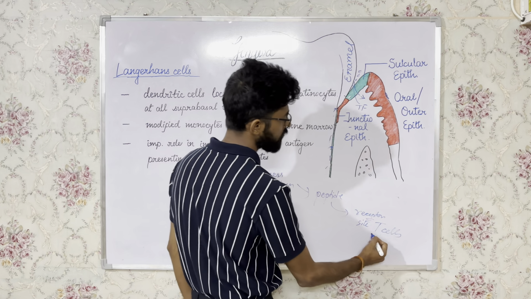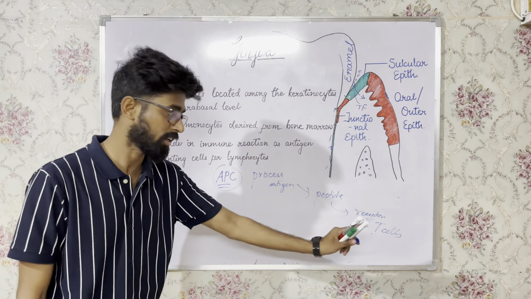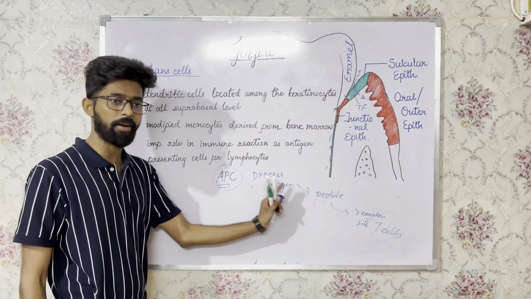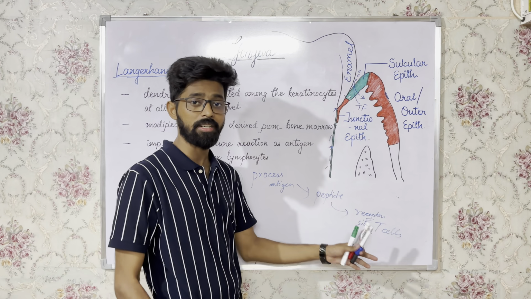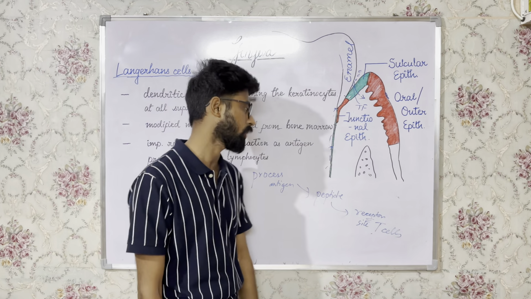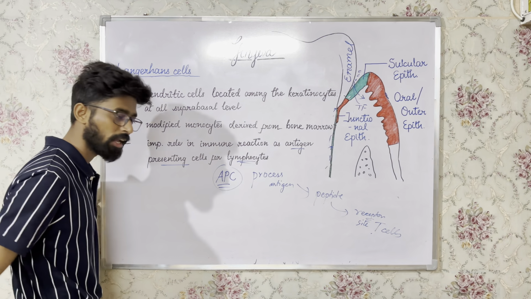They take the antigens to the receptors on the T cells, where the antigen-antibody reaction will happen, okay? So they play an important role in the immune reaction as antigen presenting cells for lymphocytes, okay?